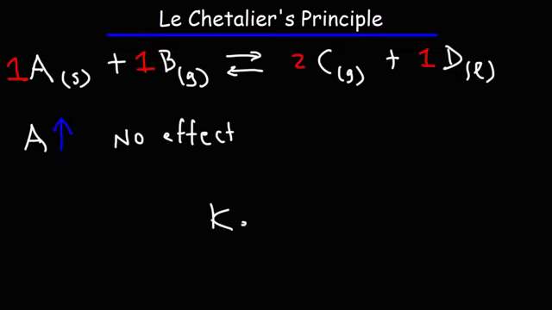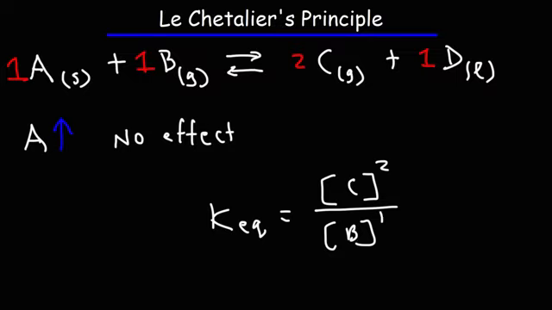Now, if you recall, the equilibrium constant K is equal to the concentration of the products divided by the concentration of the reactants. Notice that A and D are not included in the equilibrium expression. The equilibrium constant does not depend on the value of A or D because they're in the solid and liquid phase.